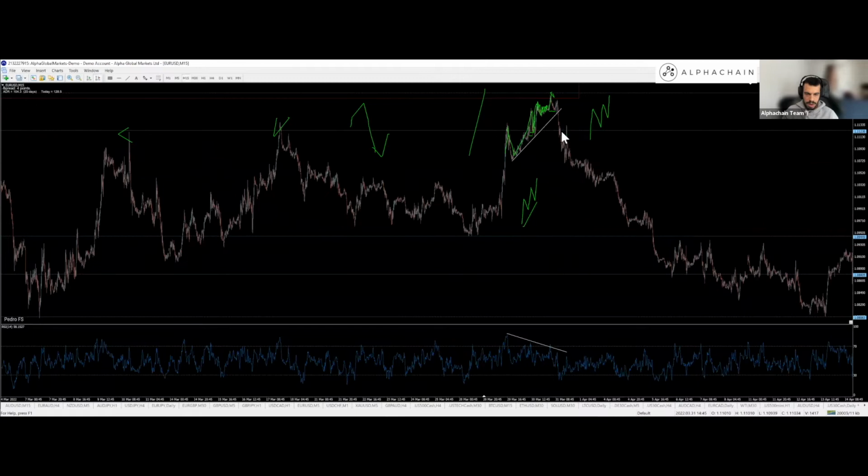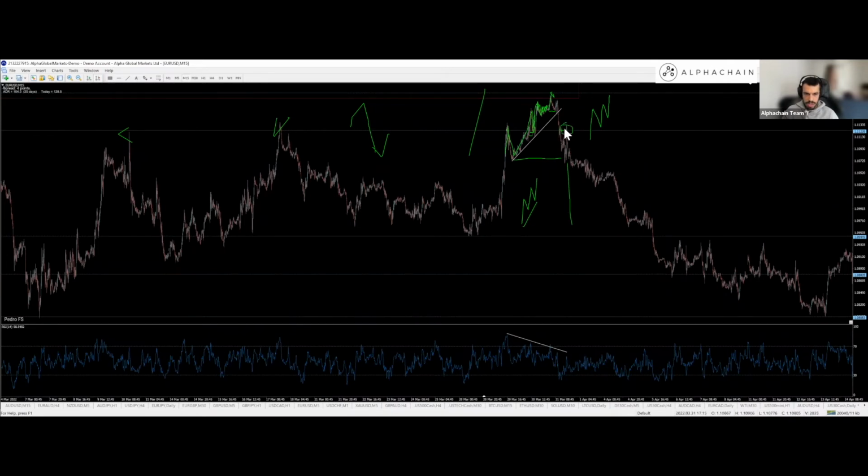And then around this level you could have looked for the extra sell as well. If you missed the sell in here, this could have been the second attempt to look for the sell, especially after the break again of this low, and we have space to go to the downside.